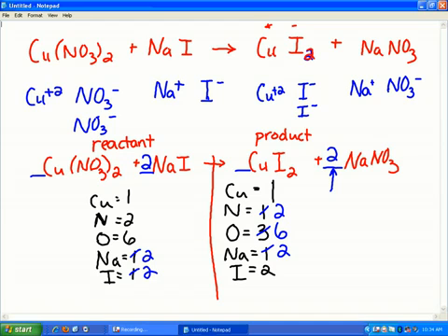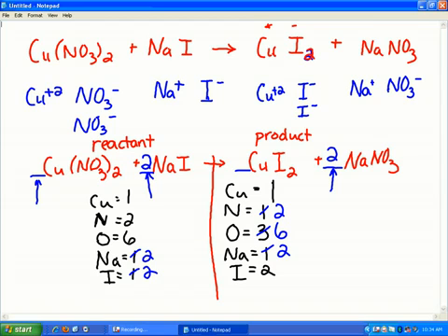So on the test, a question would be like, what is the coefficient in front of copper nitrate? So you find the copper nitrate and there's not a coefficient there. So the answer would be 1. Remember, if 0 is there, then it's not even in the equation, like there's 0 zinc here. What's the coefficient in front of sodium iodide? The answer would be 2 because of this coefficient.